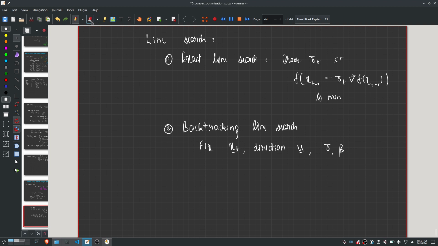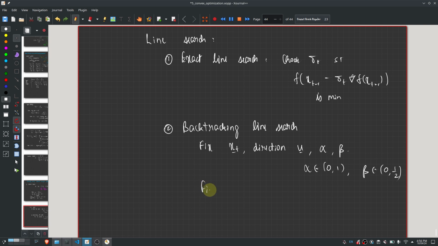I call them alpha and beta, where alpha is between 0 and 1 and beta is between 0 and half. So how does backtracking line search work? You essentially do the following.